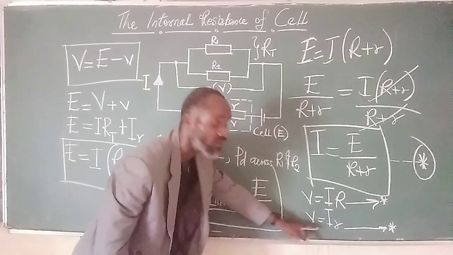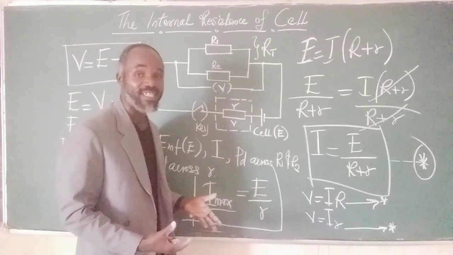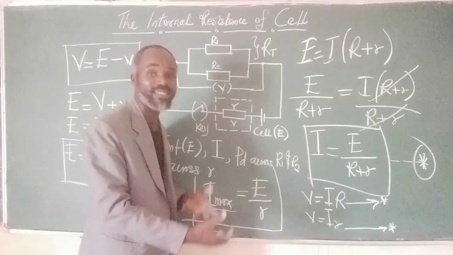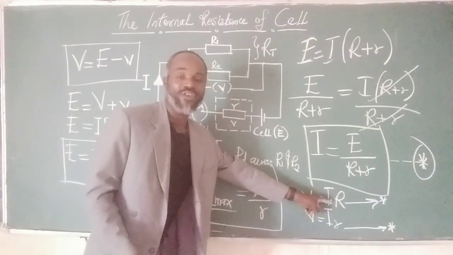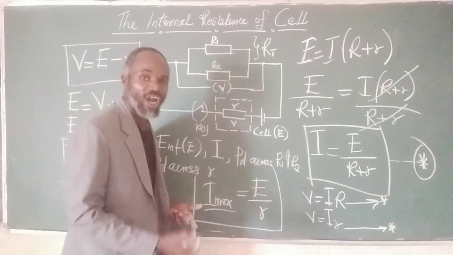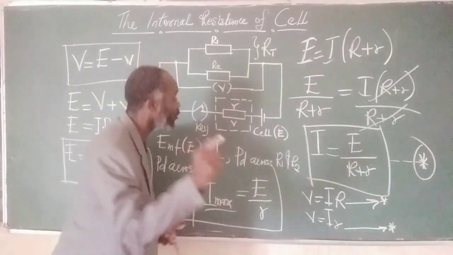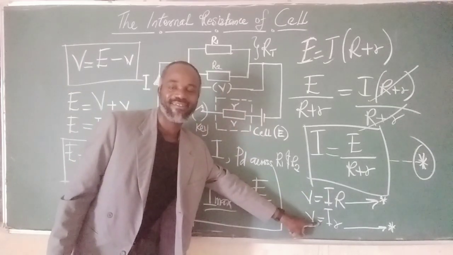So in solving a problem, if you are asked to find the terminal potential difference across the external resistance, apply this. If you are asked to find the potential drop across the internal resistance, use this.